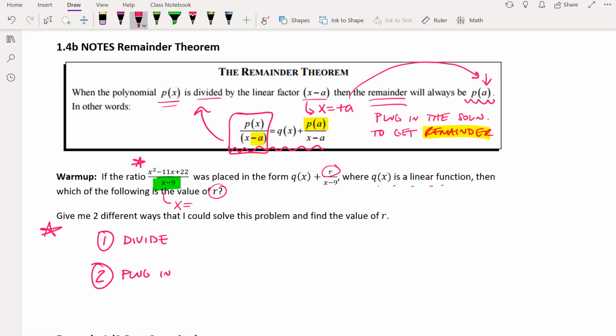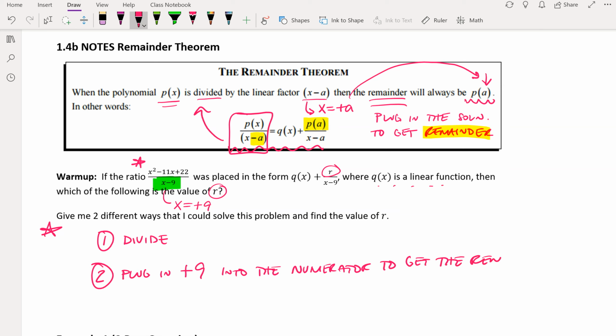X equals, flip the sign, positive 9. So to get the remainder, we could plug in positive 9 into the top function, the numerator, to get the remainder. Okay, that's what the remainder theorem says.